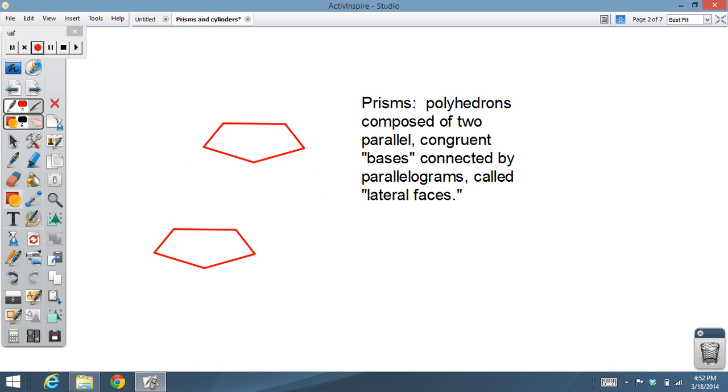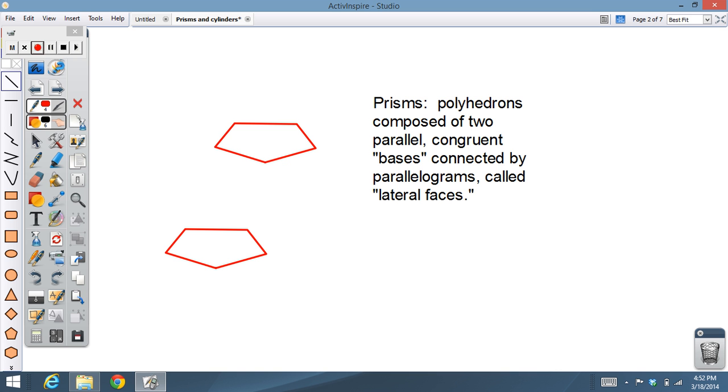Let me make some straight lines that are going to connect those. That didn't do what I wanted it to do. Try again. Straight lines, let's make them red, that connect. This is not going to be as easy as I thought.